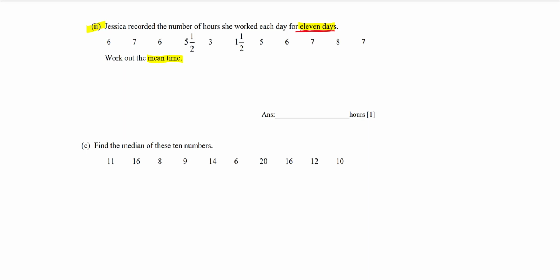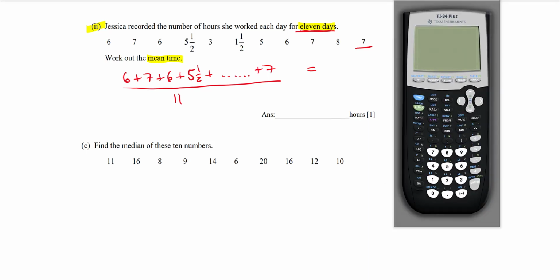So what we're going to do then is add up 6 plus 7 plus 6 plus 5.5 plus and so on up to plus 7, last number there, and then divide it by 11. So let's get our calculator and work this out.